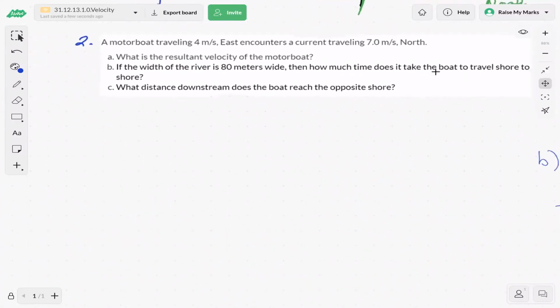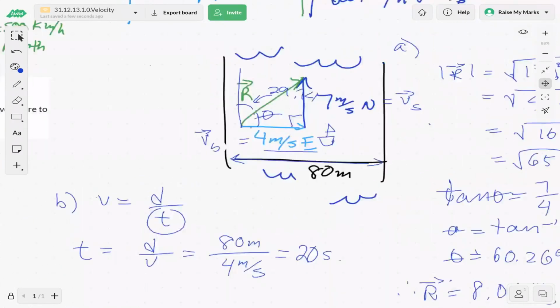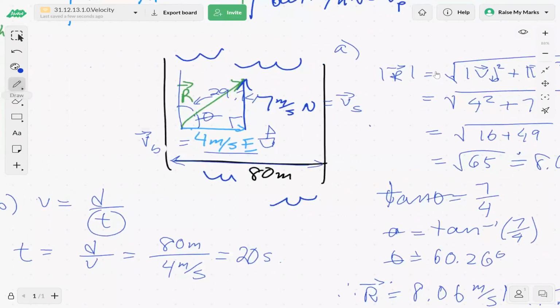However, in part C, what distance downstream does the boat reach the opposite shore? So if we look back at our diagram, if our boat is traveling across, yes, it'll take 20 seconds, but the current of the river is going to push it in this direction.